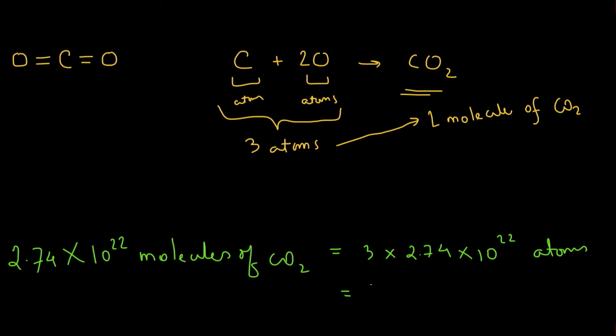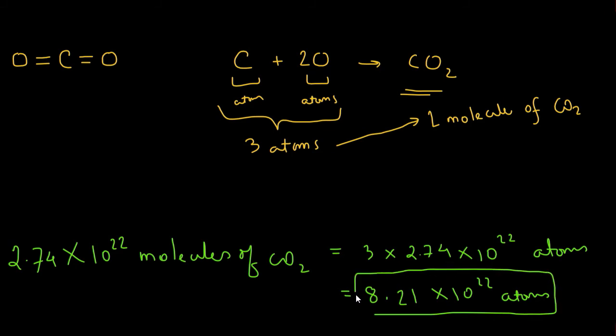So this is going to be 8.21 times 10 to the power 22 atoms. This is a very powerful tool, so we can use the Avogadro's number and moles to figure out how many particles are present.